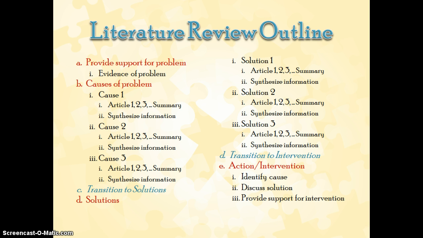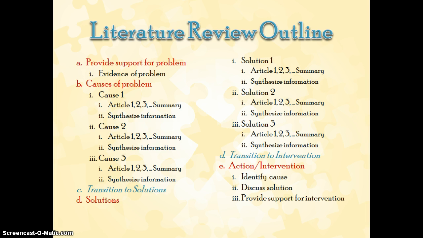And then you would want to transition into your action or intervention. And in this case, what you're going to do is identify the cause that you ultimately agree with as being a part of this problem. It could be more than one cause, and you would be referencing back to the information that you already summarized earlier in the literature review. Same thing with the solution. You might refer back to the solutions that you've already discussed, but you want to identify what you have decided is the solution to the problem.